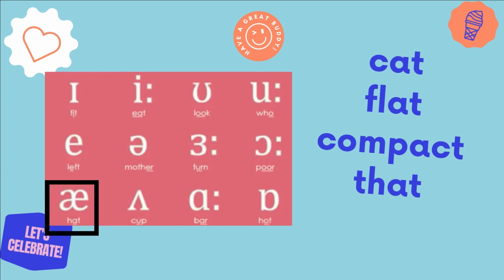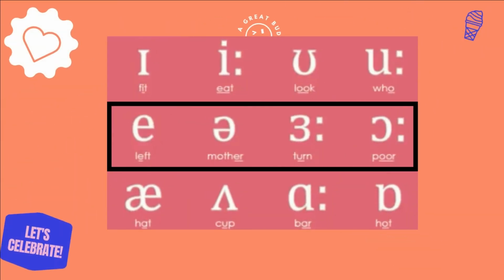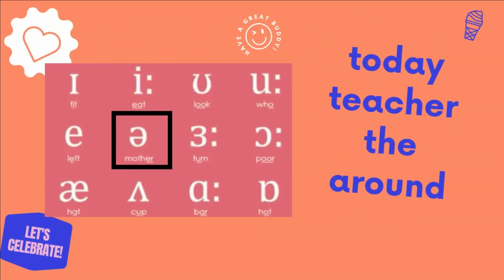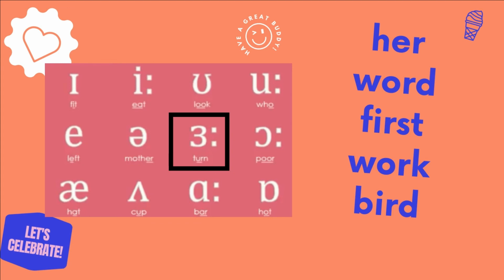Let's go through the middle now. Next, we have my favorite sound. It's the laziest sound in English. It's also the most commonly heard sound in English. You will hear it a lot. Today, teacher, around. Then there is the sound in her, word, first, work, bird.